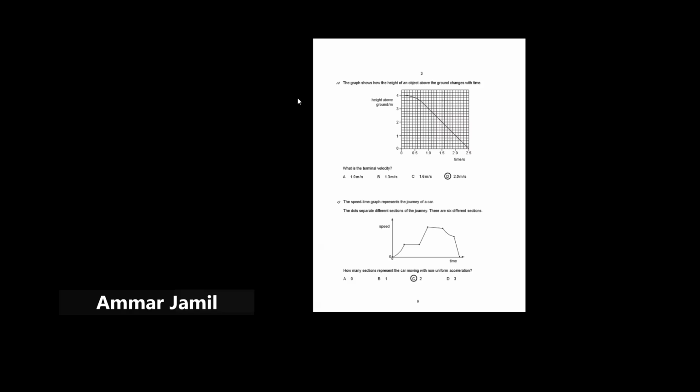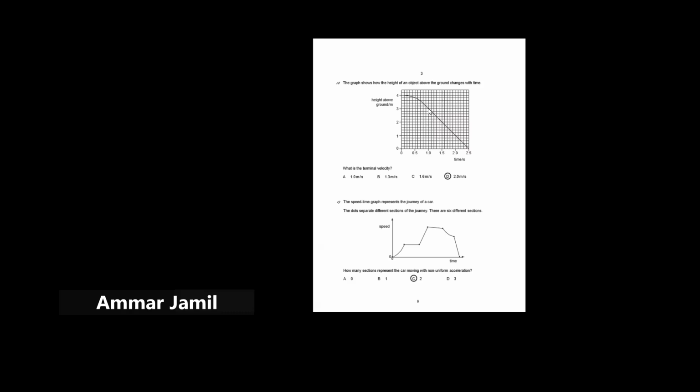But you don't have to do it this way. You have another way to do it. You can take the gradient as small as you want, but it must be on this straight line. Okay. So anywhere you take the gradient, let's try it from 1 to 2 seconds. So we know the time is 1 second.